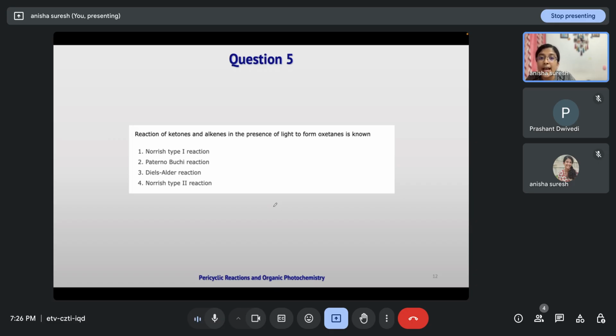Reactions of ketones and alkenes in the presence of light to form oxetanes is known as. Ketones and alkenes in the presence of light will react to form oxetanes. So that reaction is known as option 1, Norrish type 1 reaction, option 2, Paterno-Buchi reaction, option 3, Diels-Alder reaction, option 4, Norrish type 2 reaction.